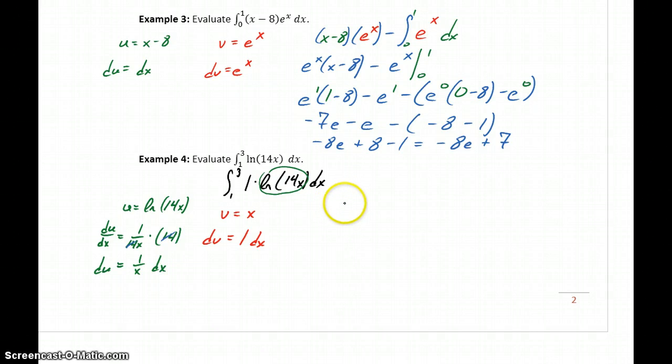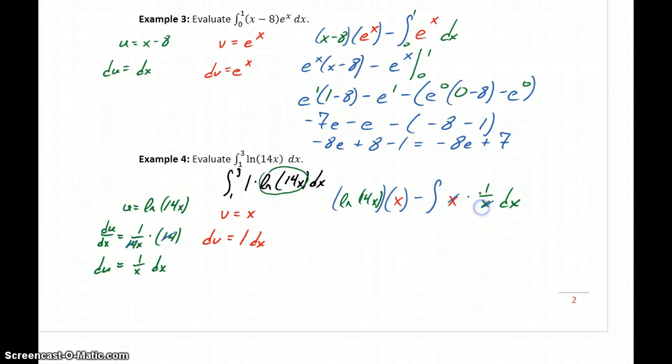So we're letting u equal natural log of 14x. That's our expression for u times our expression for v, which is x, minus the integral of v, which in this case is x, du, which is 1 over x dx.